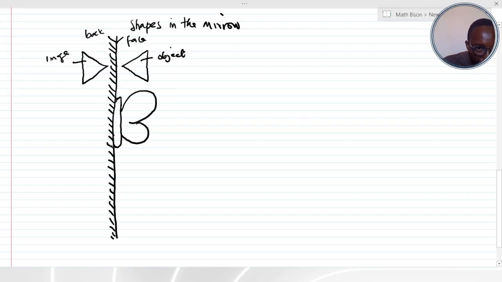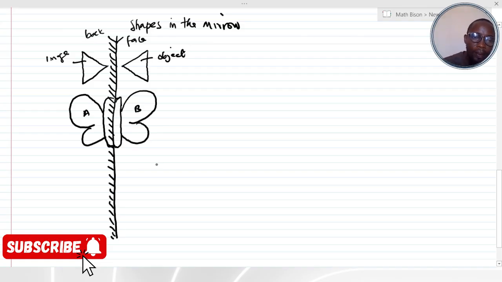The parts close to the mirror will be the same, and the parts further away from the mirror will also be the same. So this part is a mirror image of this part. This is the world in the mirror.